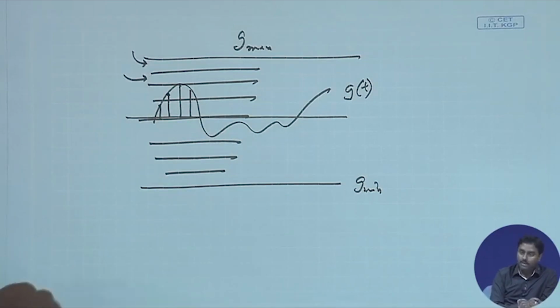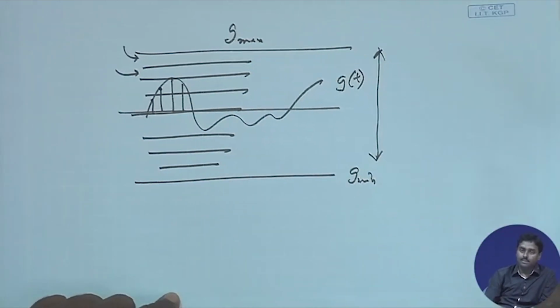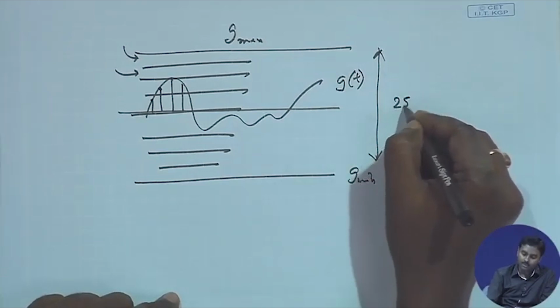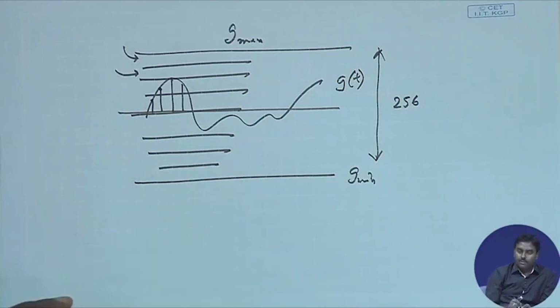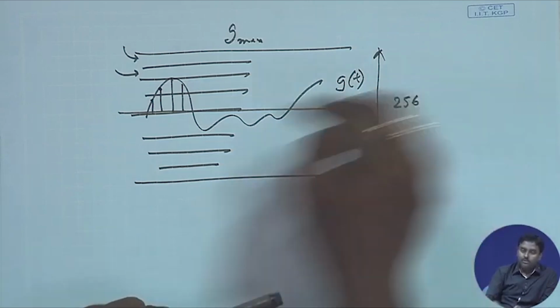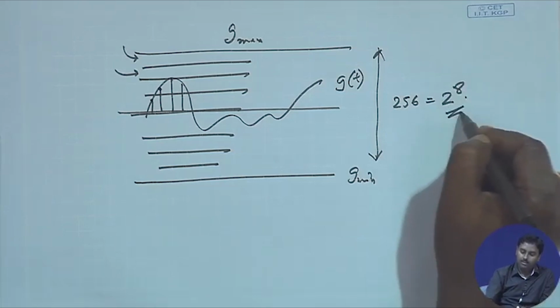Suppose I have this length and I subdivide it into, let us say, 256 small ranges. Now this number 256 is actually 2 to the power 8.